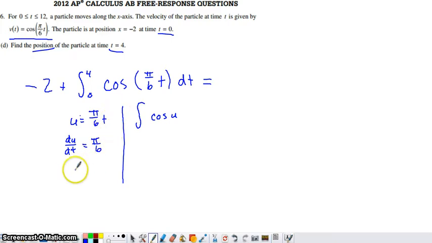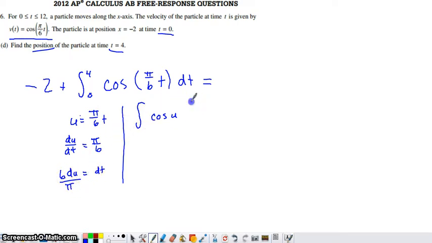What does dt equal? Well, I'm going to multiply both sides by dt, and I'm going to multiply this side by 6 and divide that side by pi. So what I can put in place of my dt is 6 over pi times du.